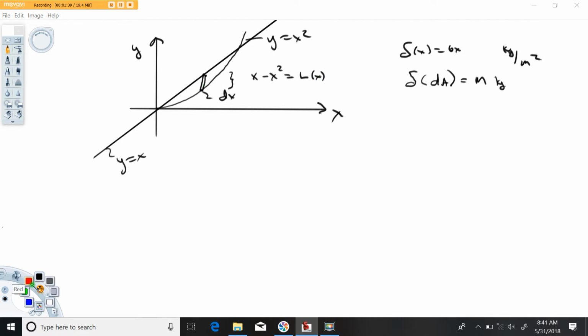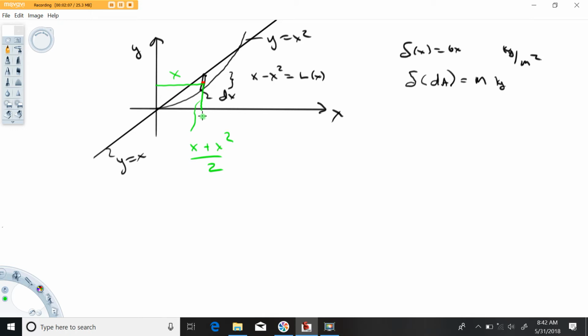The coordinates of the centroid, so I'm going to put a red dot on the centroid. This distance is just x. This distance is, you'll notice, bigger than this y value, but less than this one. In fact, it's halfway between them. So the y coordinate of the centroid of that rectangle is going to be the average of x and x squared.